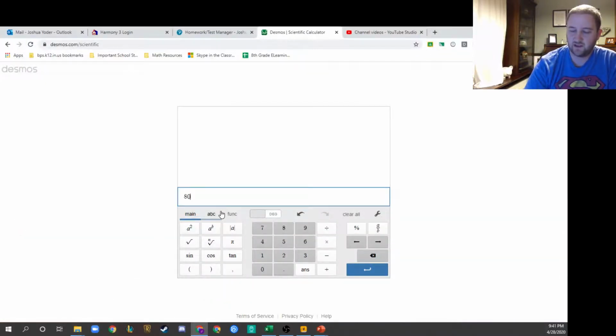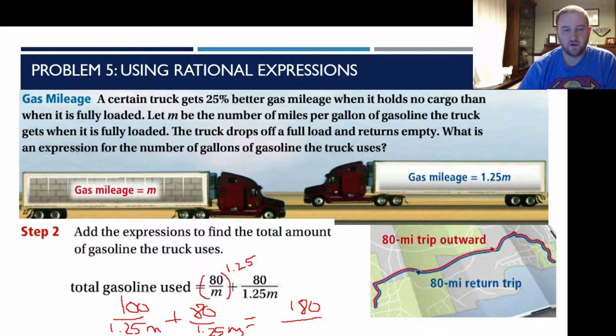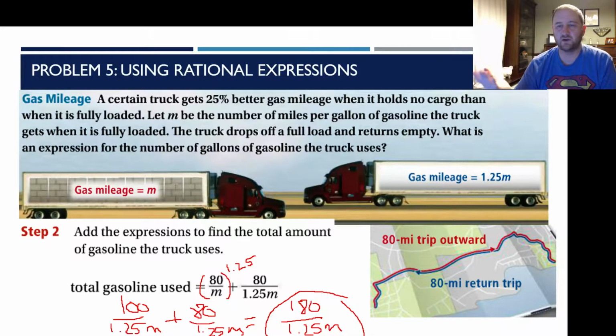So 80 times 1.25, that's 100. Okay, so we have 100 over 1.25 M, and then we're going to add that to 80 over 1.25 M. And we end up with 180 over 1.25 M. This is an expression we can use to represent the total number of gallons.